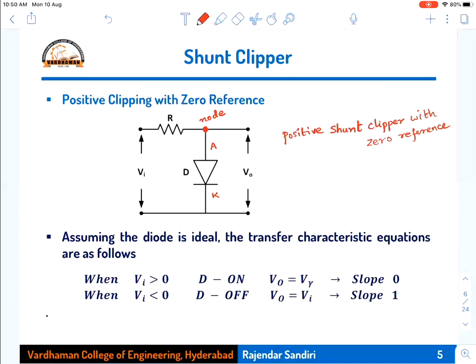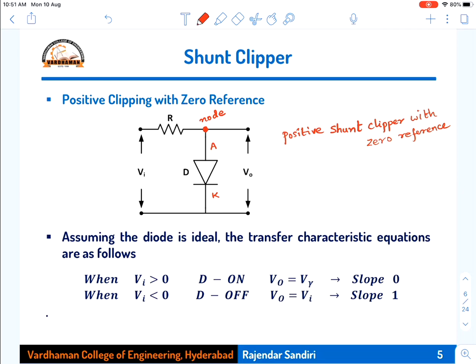I hope you understood the name of the circuit by seeing the circuit. I'm not looking at the heading, I'm just seeing the circuit and telling the name. It is a shunt clipper because the diode is between input and output, and the diode branch has no battery connected.